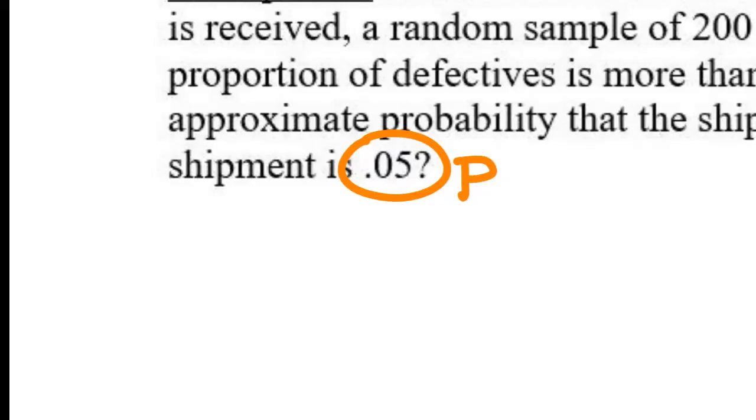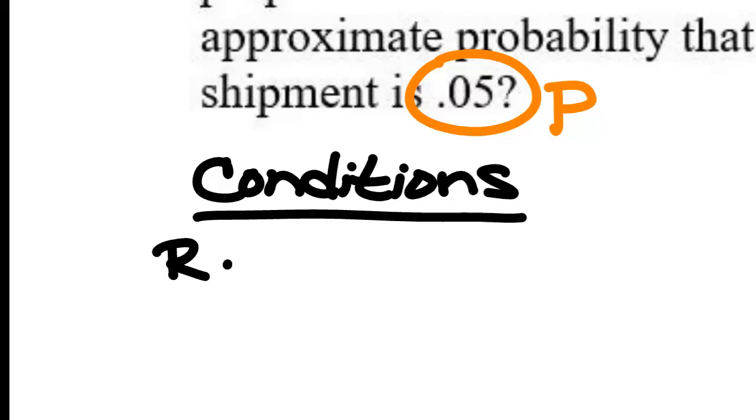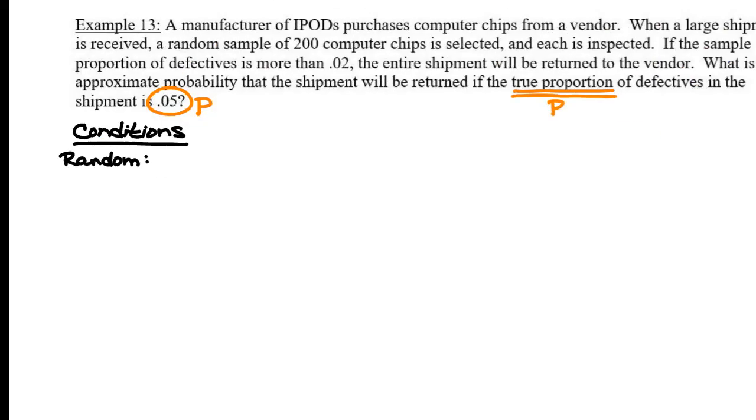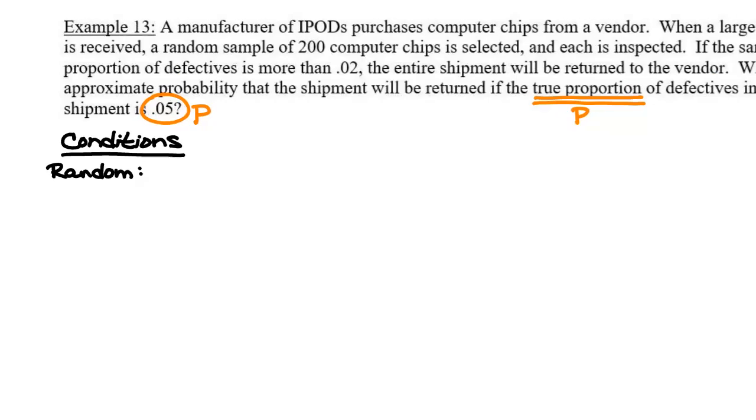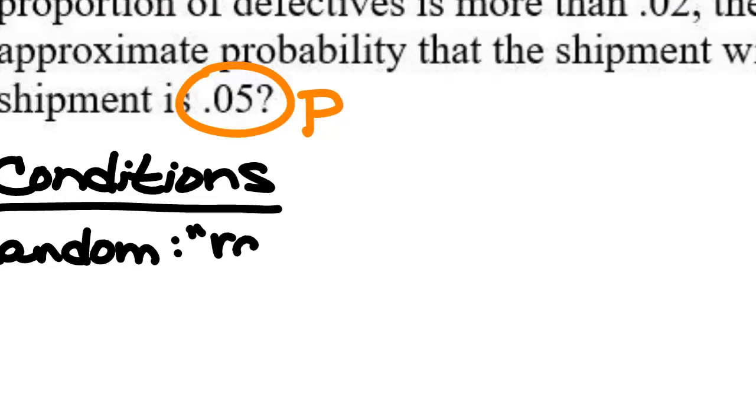All right, so let's check our conditions first. First condition would be random. Do we get our random condition? Where does it say? Random sample of 200 computer chips.